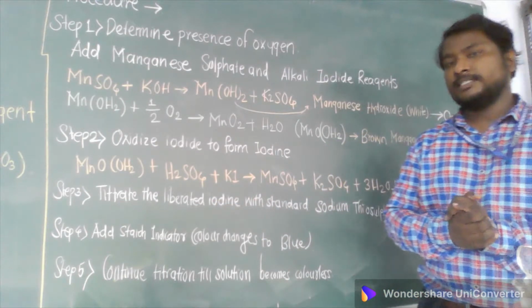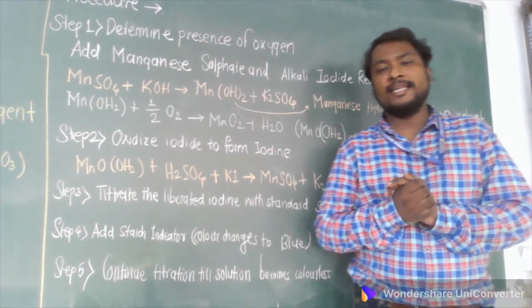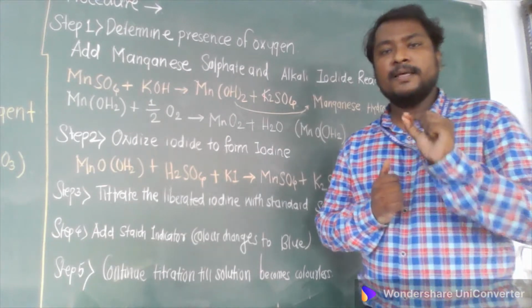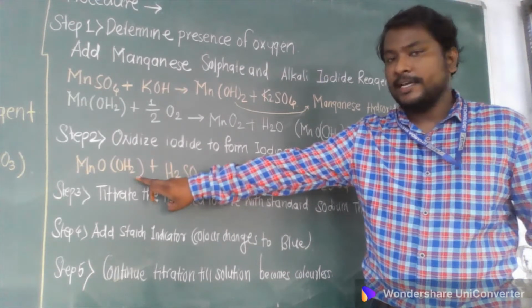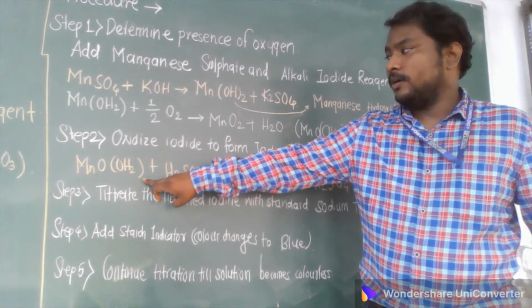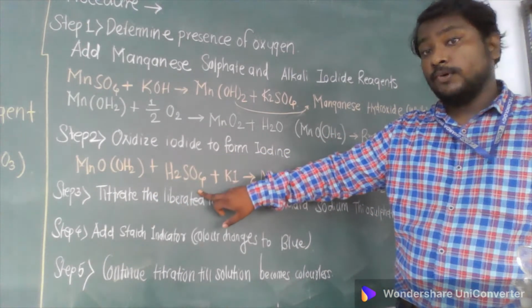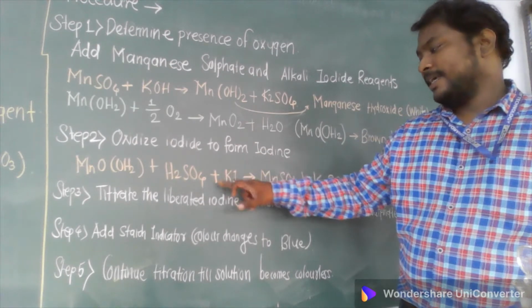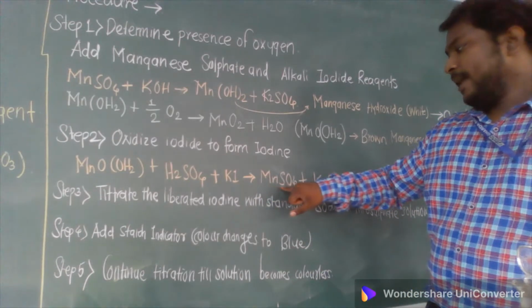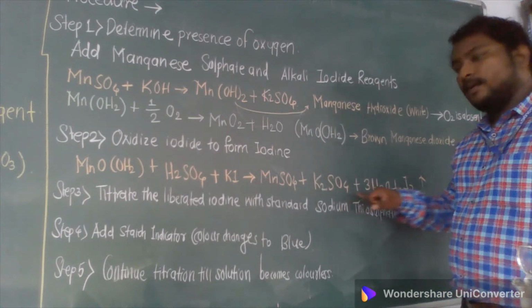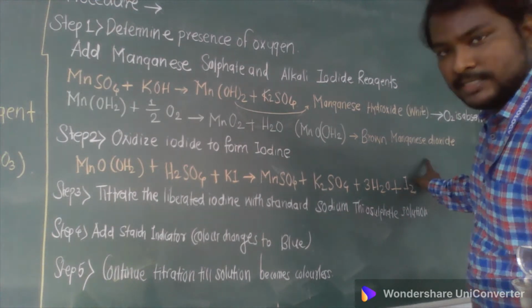When such oxidation is required at a faster rate, we require the help of a catalyst, and in this experiment that catalyst is concentrated H2SO4, which we add in this step. Here you are able to see that the brown manganese hydroxide is going to react with the H2SO4 catalyst we have added, and KI, that is the iodide already present in your sample, giving manganese sulfate, K2SO4 potassium sulfate, plus H2O, plus, at the last, I2.